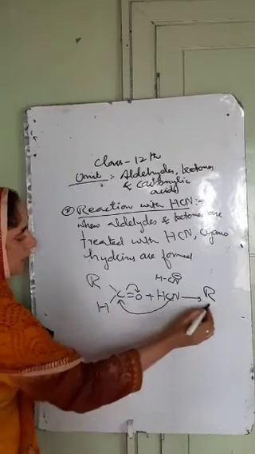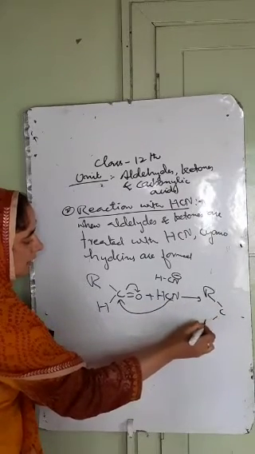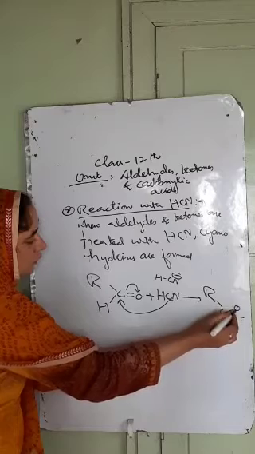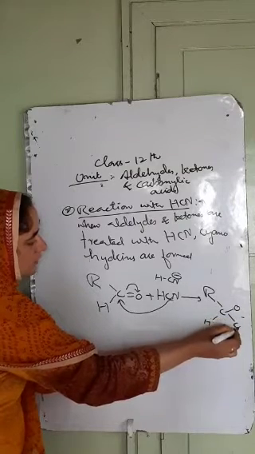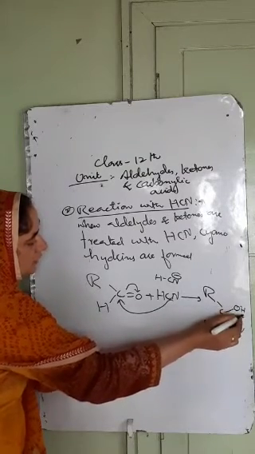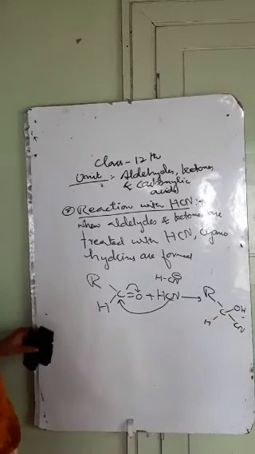So here we have R, C, H, and here O, and here we have cyanide group, H. This is called the cyanohydrin.